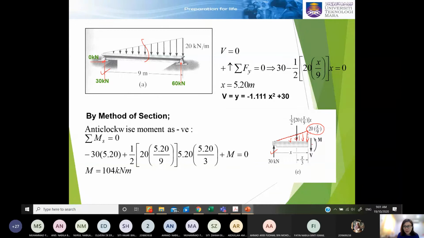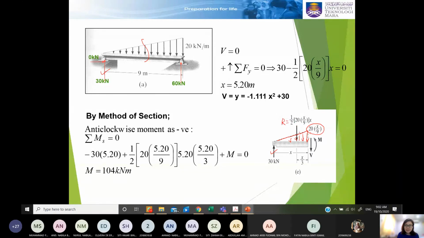Then we need to draw these internal forces. It should be in positive sign. So going down is shear force positive, and counterclockwise is positive moment. That's all. This is your free body diagram. This is the resultant, which will be explained later.